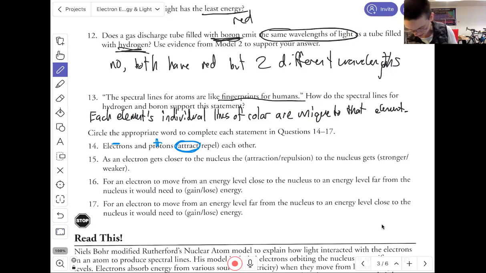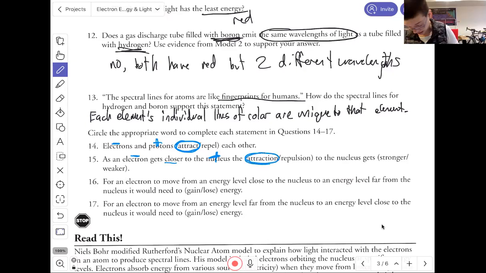All right, opposites attract. So if an electron is close to the nucleus, again, the electron is negative. The nucleus, because that's where the protons are, is positive. So as the electron gets closer to the nucleus, which thing are we going to circle, attraction or repulsion? Attraction.